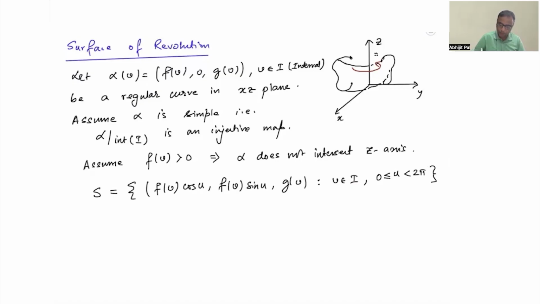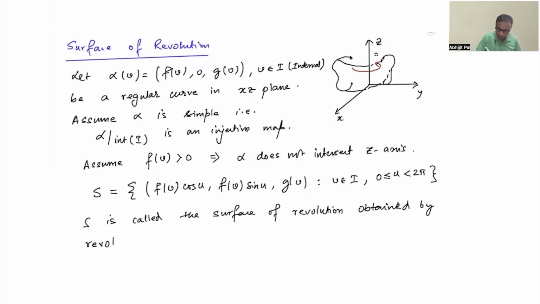S is called the surface of revolution obtained by revolving alpha around the z-axis.